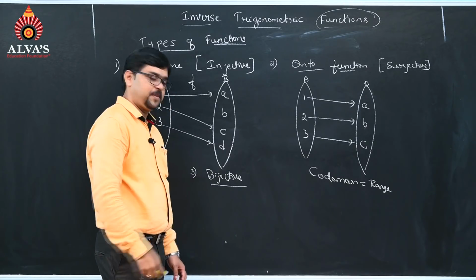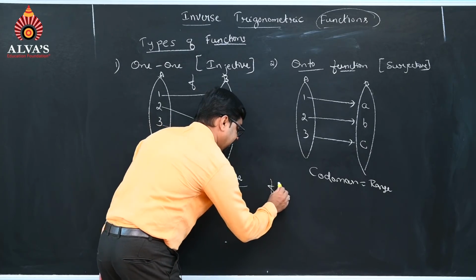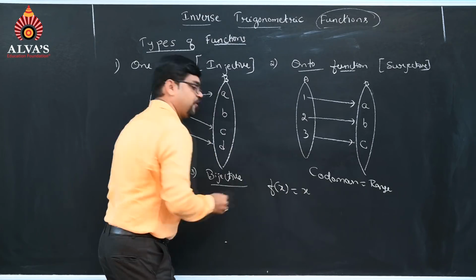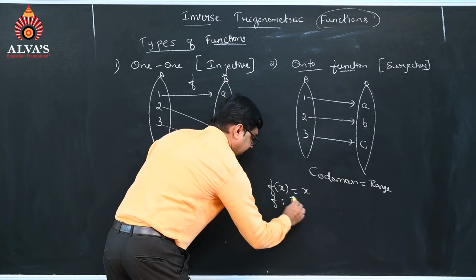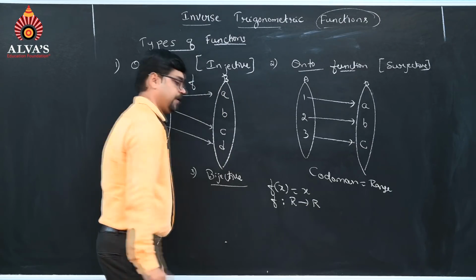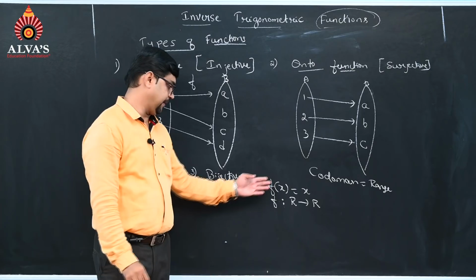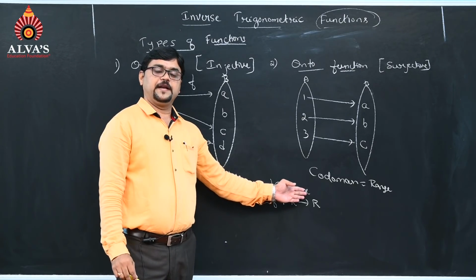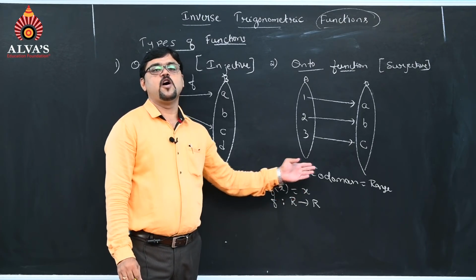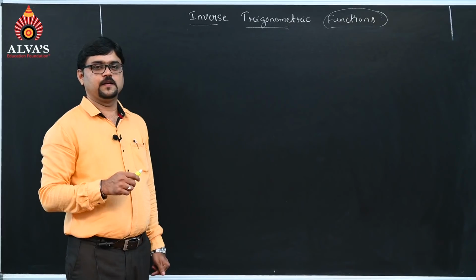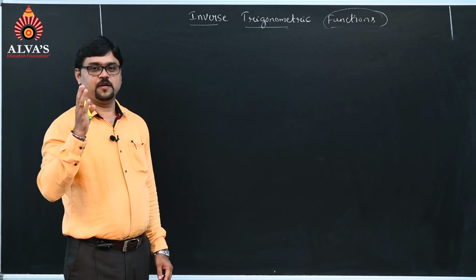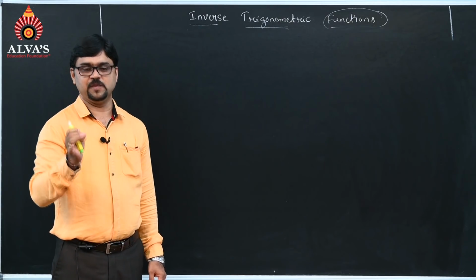The best example for bijective is the identity function f(x) = x, where f is a mapping from real numbers to real numbers. It satisfies both one-one and onto. So that is the meaning of bijective. We discussed injective, surjective, bijective.